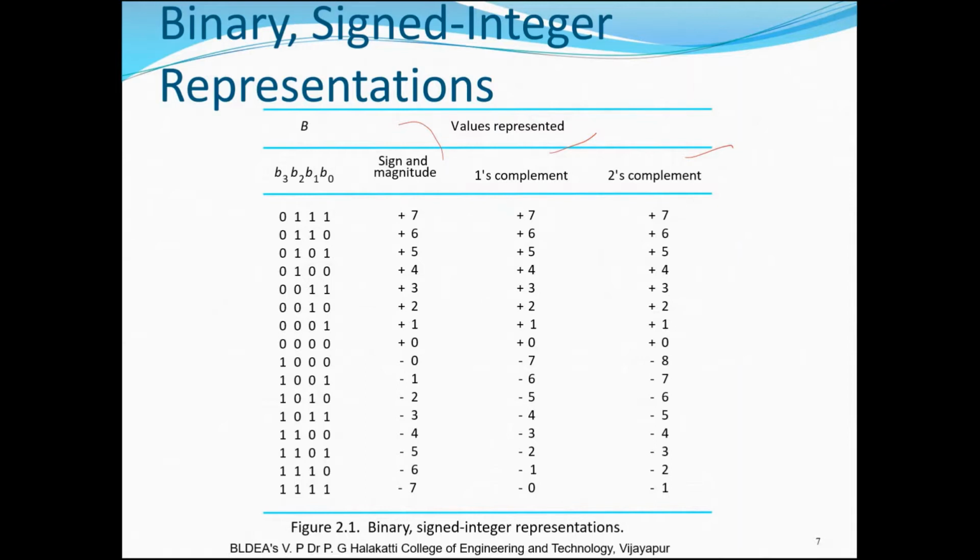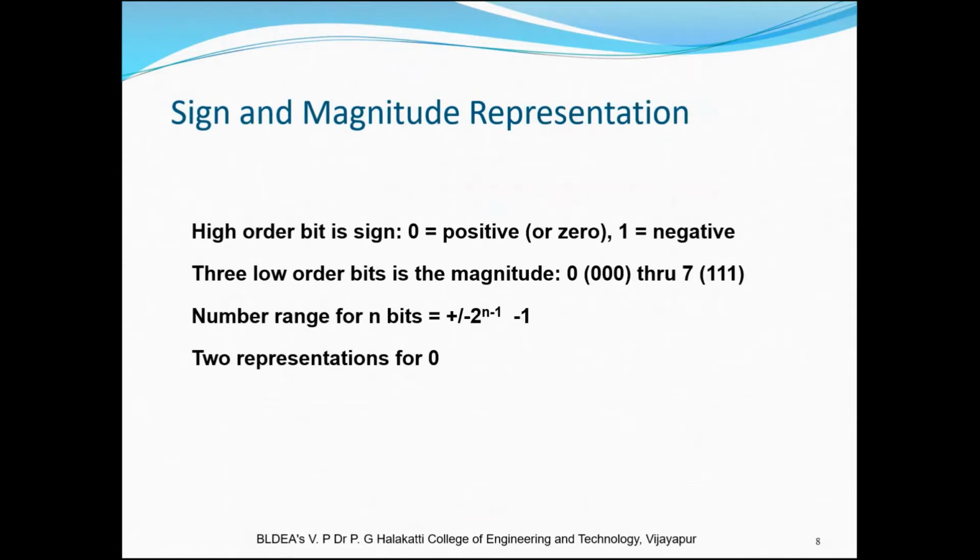In sign and magnitude, 0 is represented as 0000, minus 0 is represented as 1000, whereas plus 1 is represented as 0001, and minus 1 is represented as 1001. Now why is this? Let's see here.